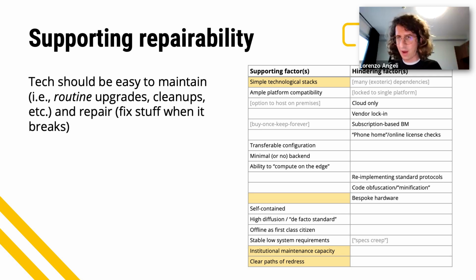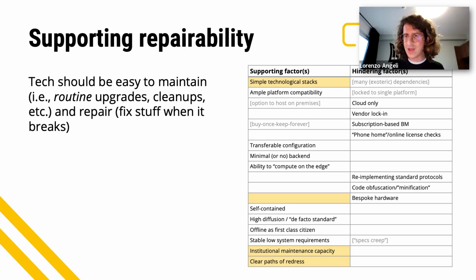If we are deploying a technology, there should be a technician in charge of keeping it working. And there should be clear paths of redress. Redress means when things stop working, I know who to blame, but this is not a blame game. I know who to speak with in order to get it fixed.